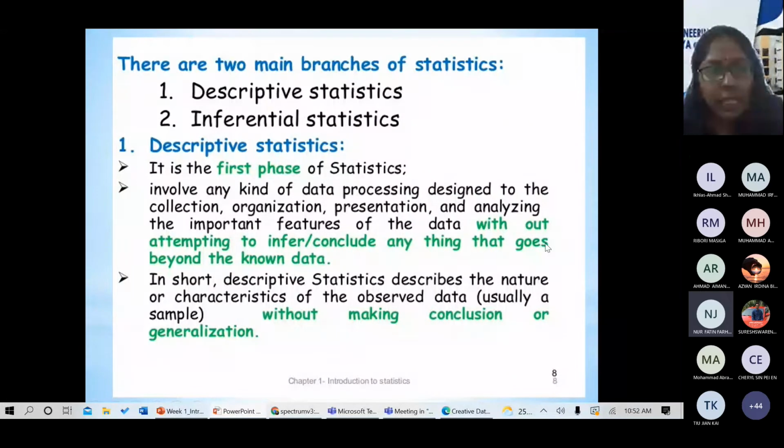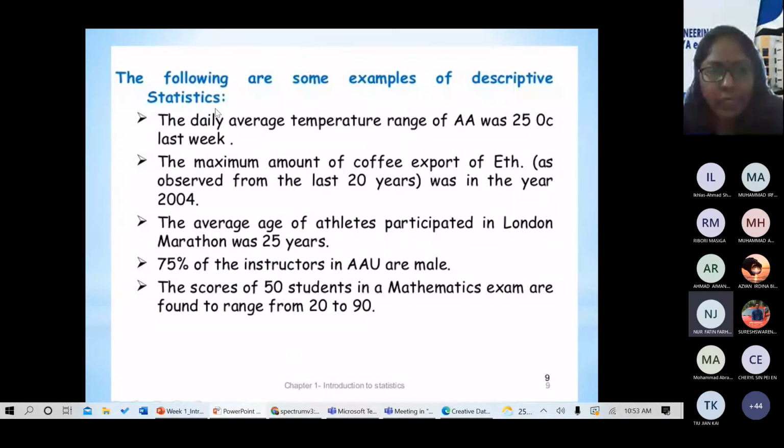Okay. And then there's one for students. They say the scores of 50 students in the exam are in this range. So they didn't say all, they just say 50 students, and then they give a range. And then the average age of athletes who participated in the London Marathon was 25 years. This is very similar to what we did.